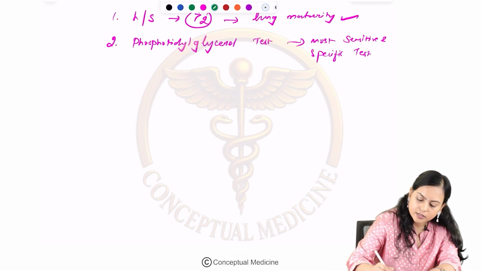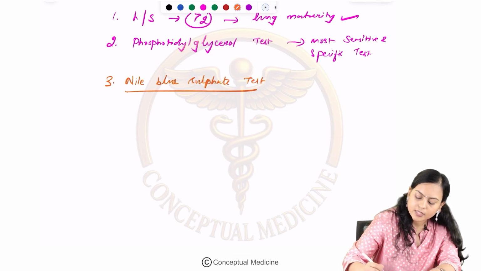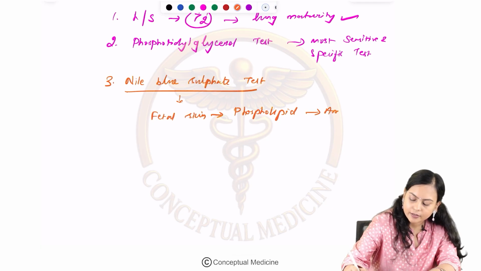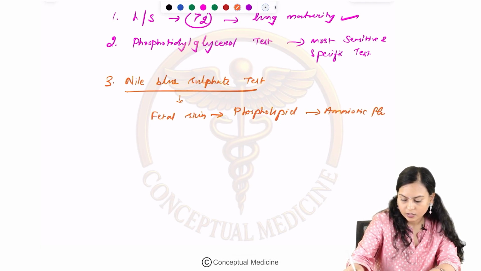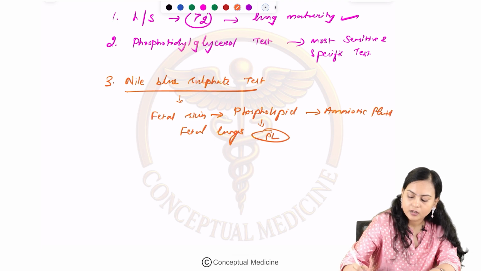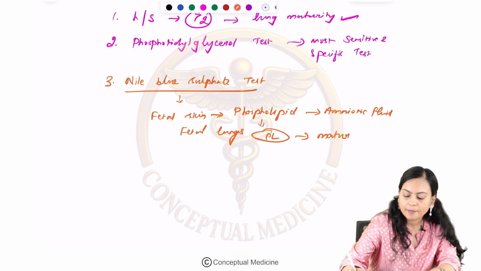Another test is the Nile blue sulfate test. So this test is based on the concept that if fetal skin containing phospholipid is present in the amniotic fluid, then the fetal lungs which contain the same phospholipid are said to be mature.